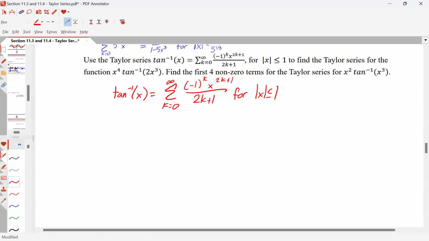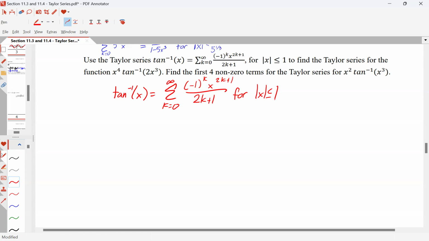We want to find the Taylor series for the function x to the fourth tangent inverse of 2x cubed, and find the interval as well in the process.